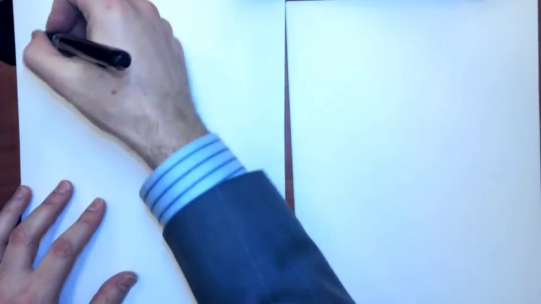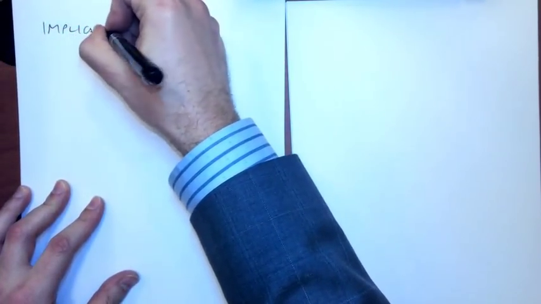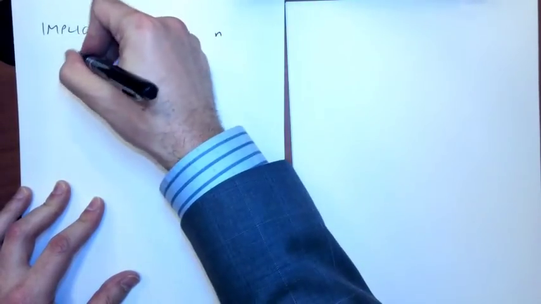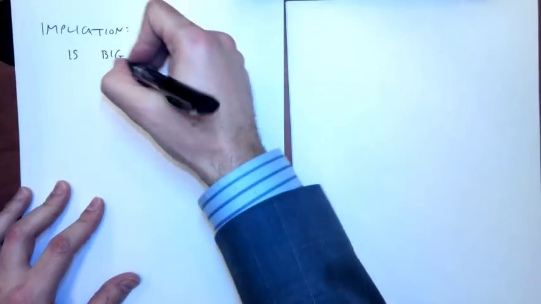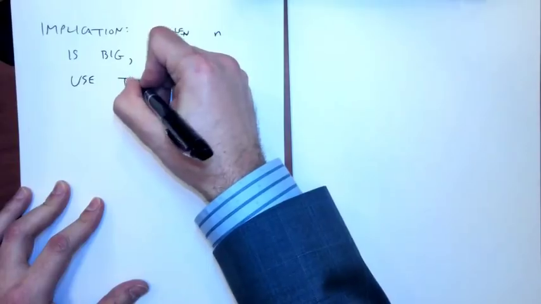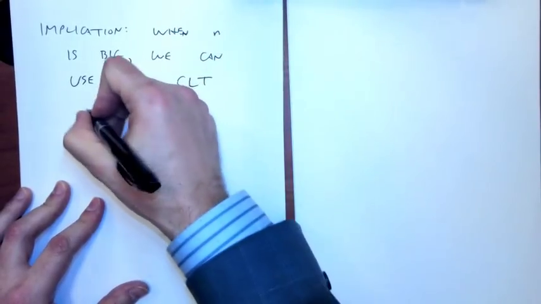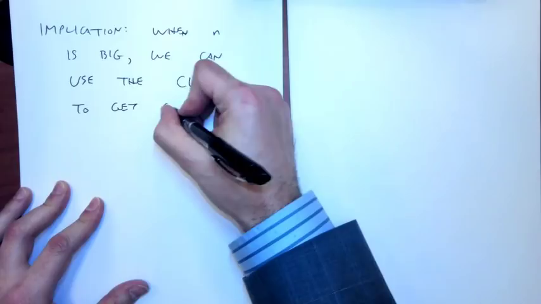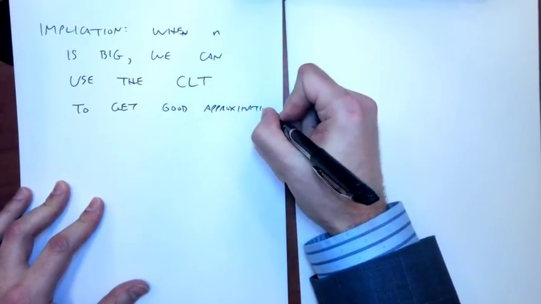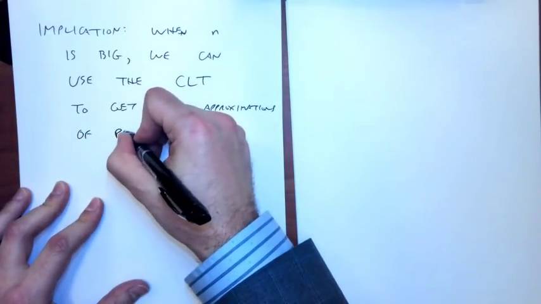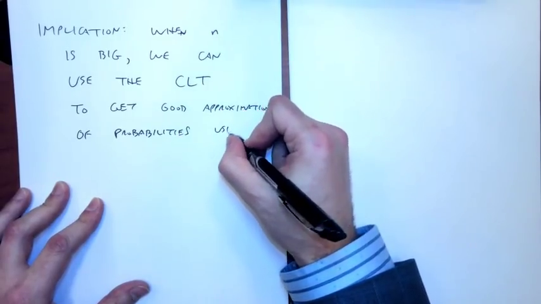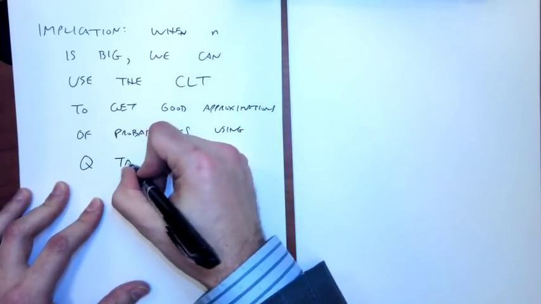So the implication is that when n is big, we can use the central limit theorem to get good approximations of probabilities using our good old friend, the Q table, right?